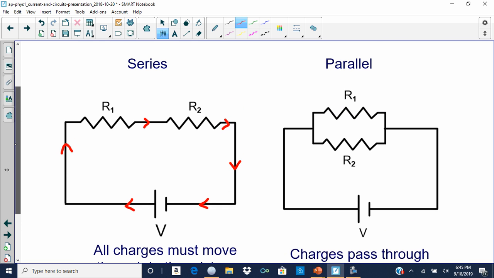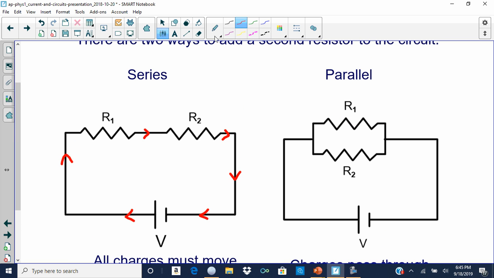Okay, now look at the parallel circuit. Now what I'm going to do is draw my electrons moving around. And here we go. Uh-oh, what happens here? We got a split. Okay, so some of the electrons are going to move this way, and some of the electrons are going to move this way. But guess what?